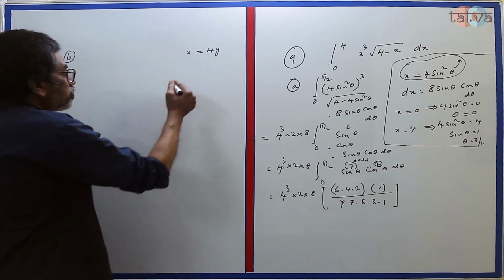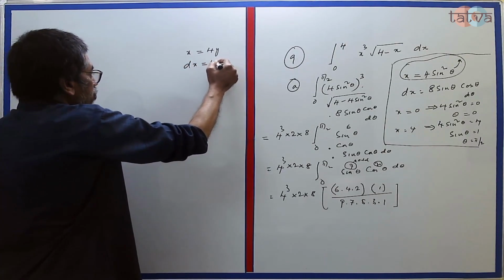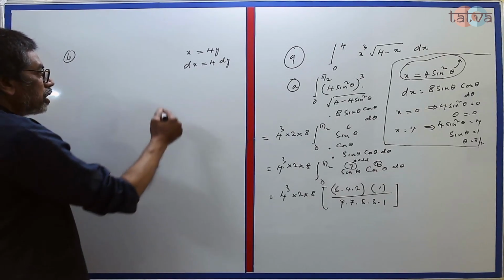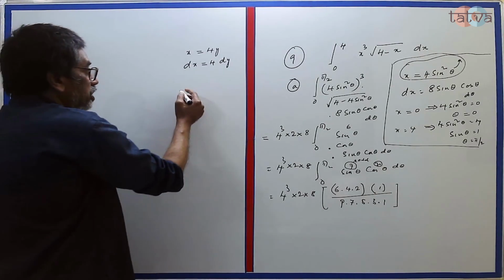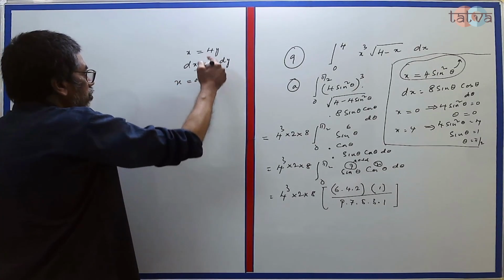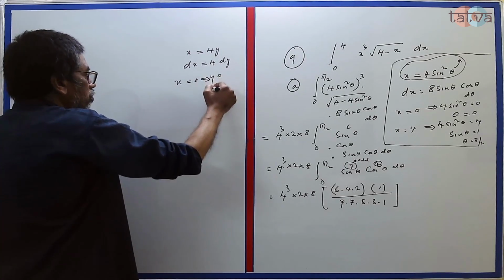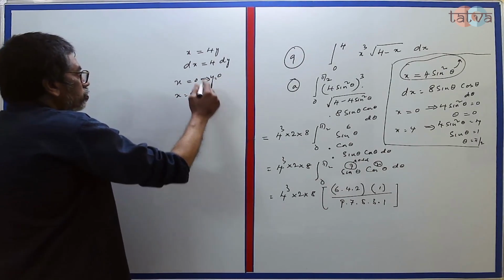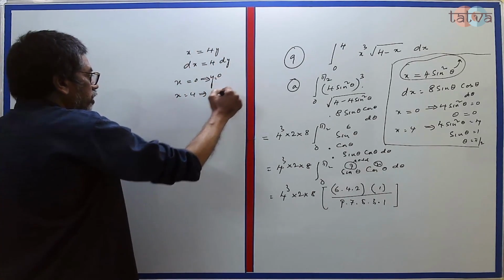So then, differential on both sides will give me dx is equal to 4 dy. And then, the limits will change. x is equal to 0 would give me 4y is equal to 0, therefore y is 0. x is equal to 4 would give me 4y is equal to 4, so y is equal to 1.